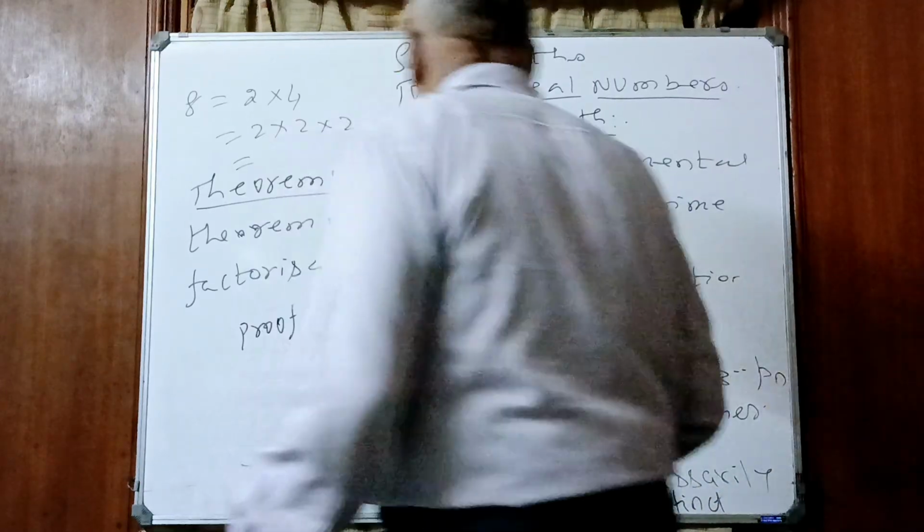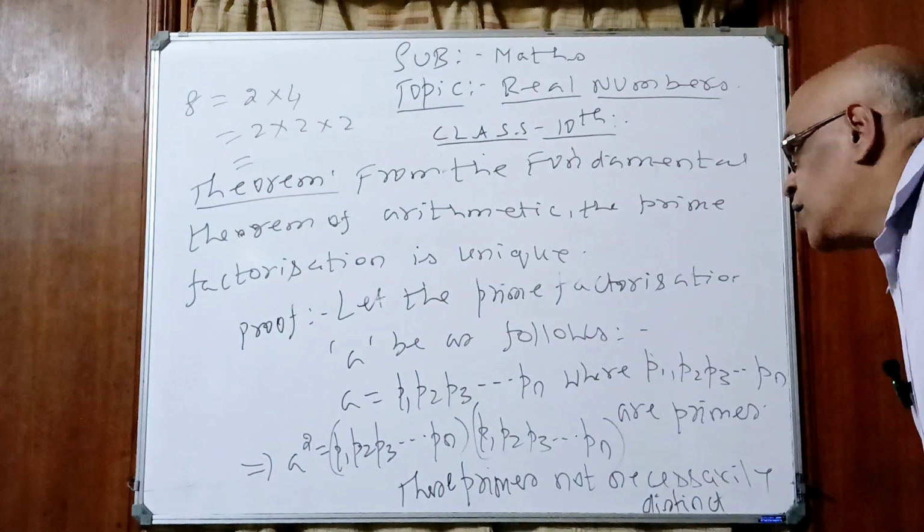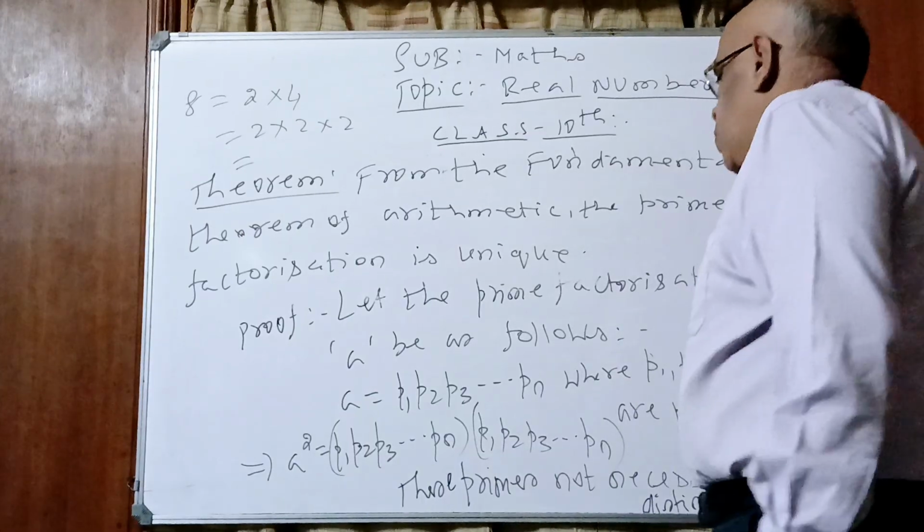Yes or no, children? Prime factorization is unique. Unique means what? It's only one.